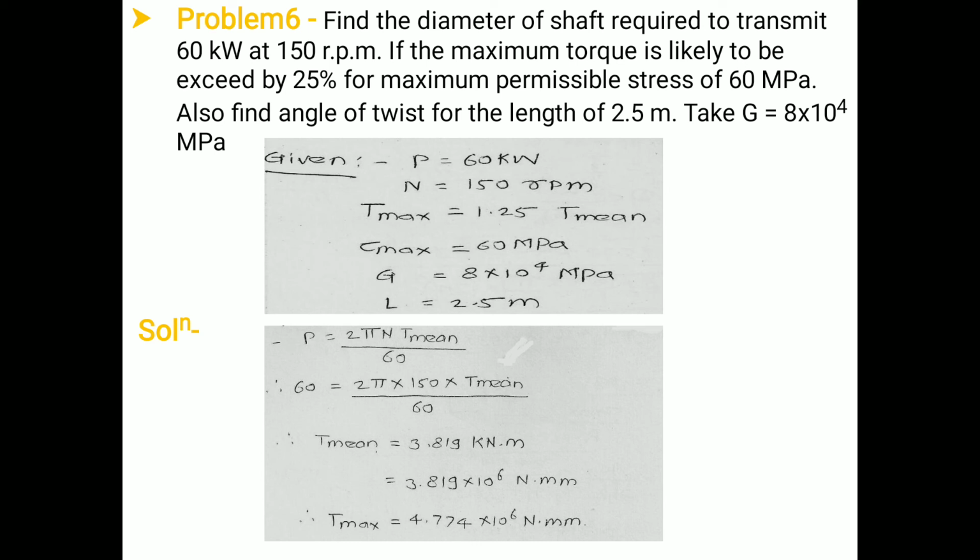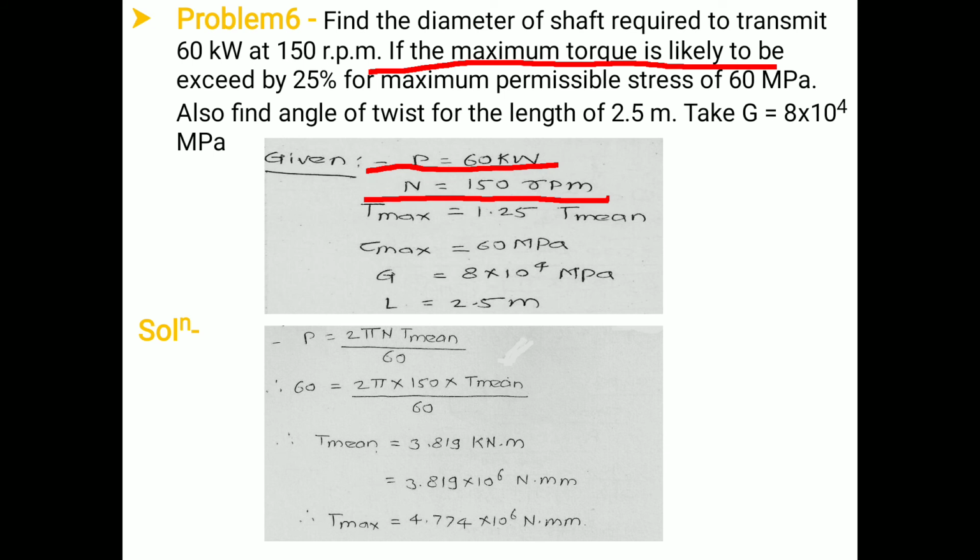So as per the statement given, we have power is equal to 60 kilowatt. N, that is number of revolutions, is 150 revolutions per minute. The maximum torque is likely to be exceeded by 25% of mean torque.